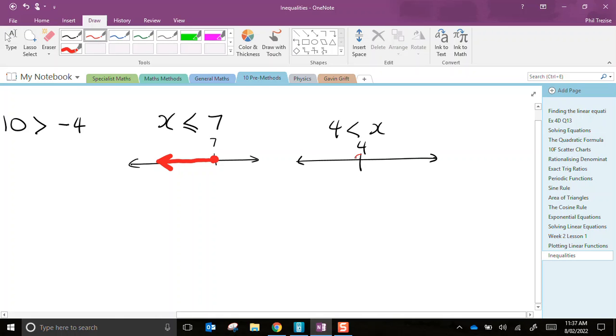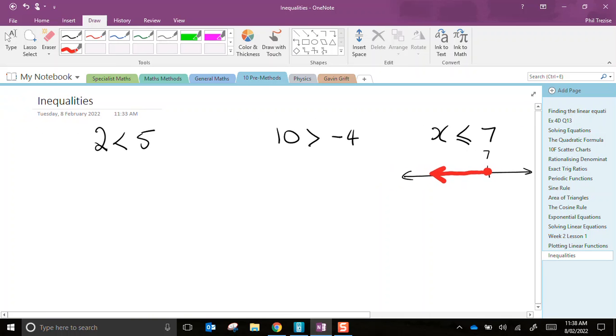This time 4 is not included. I'll use an open circle to show that 4 is the boundary, but 4 is not part of the solution set. And x is greater than means we go above, to the right of that point. So anywhere on the red arrow, all the way down to as close as you want, but not actually at 4, is part of the solution to that inequality.